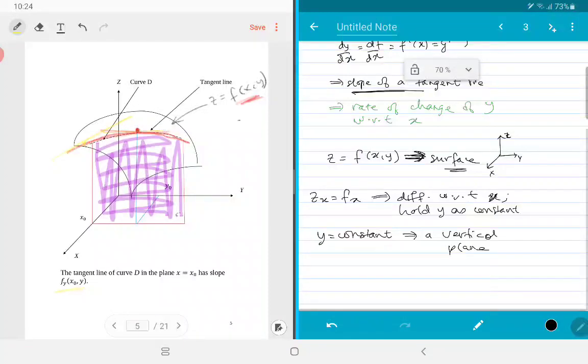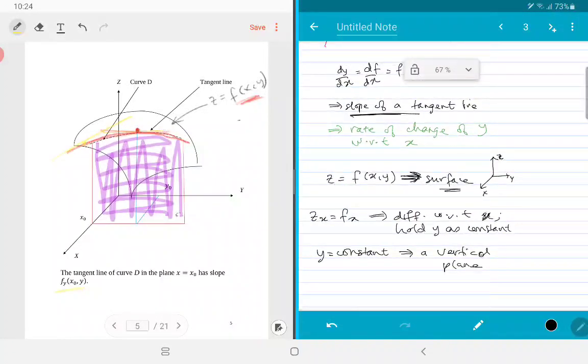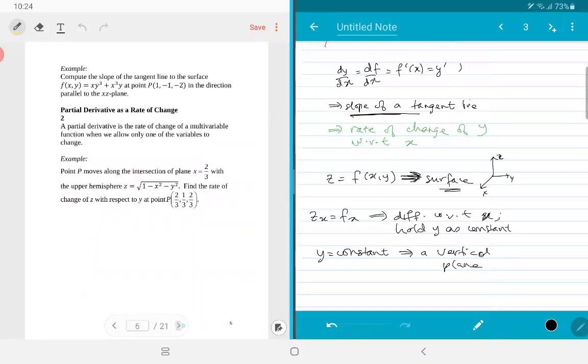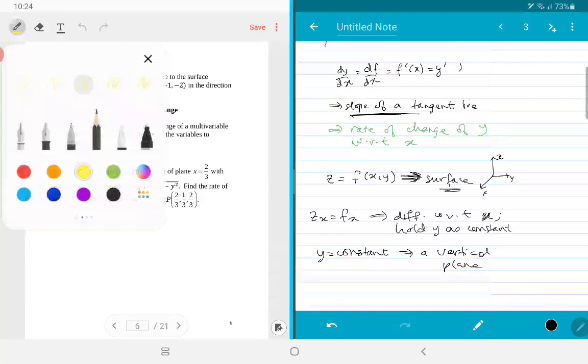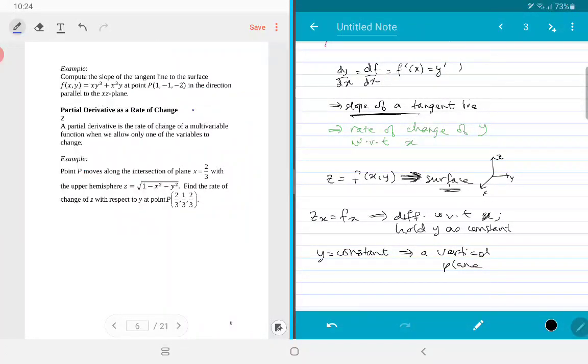The other interpretation: we go back to a function with one independent variable. Apart from the slope of a tangent line, we can also consider dy/dx or df/dx as the rate of change of y with respect to x. In a function with two independent variables, we also consider the partial derivative as a rate of change.